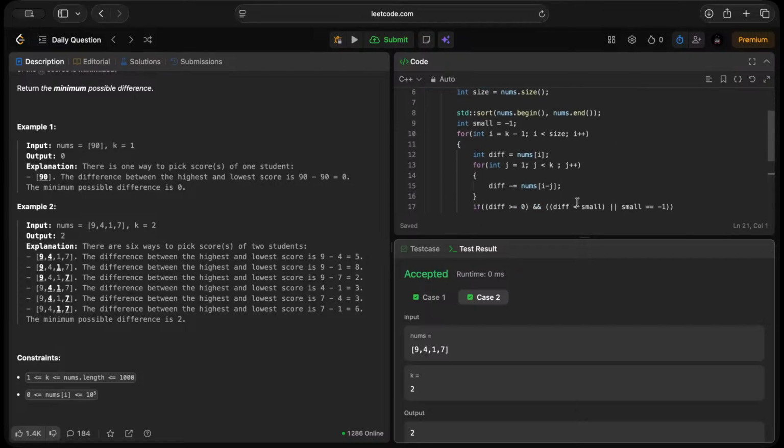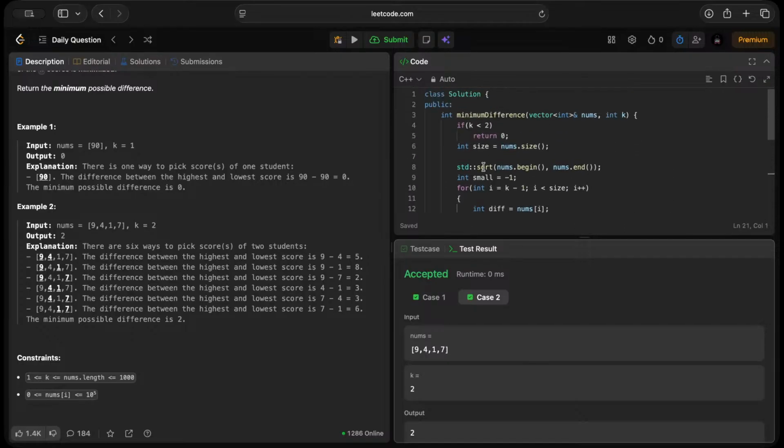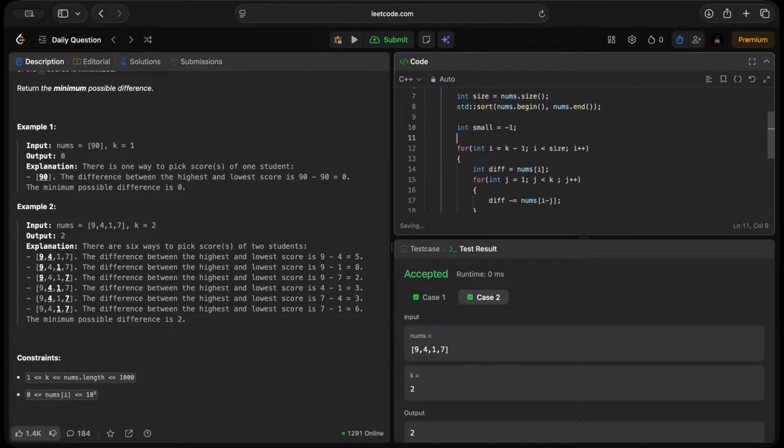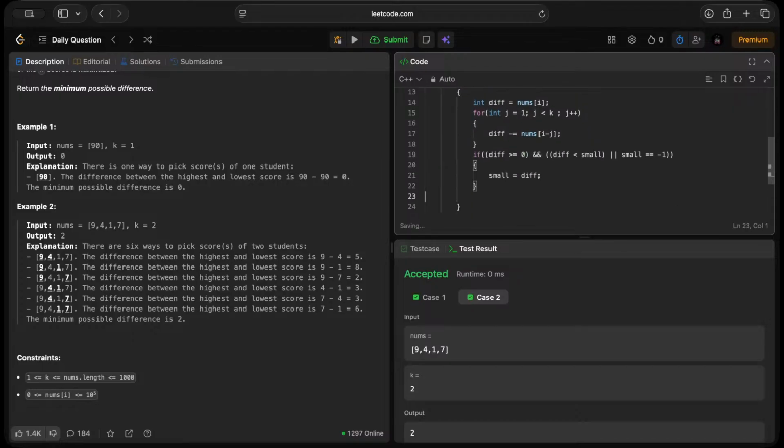No, is this the right way, or is it going to be too slow? I mean, let's go through this. We have our size. We sort it. We make an initial value. Start at k minus.